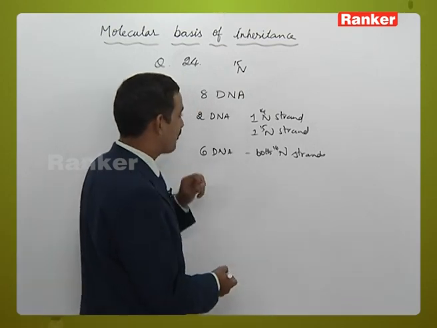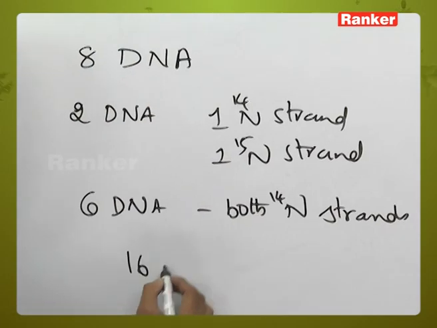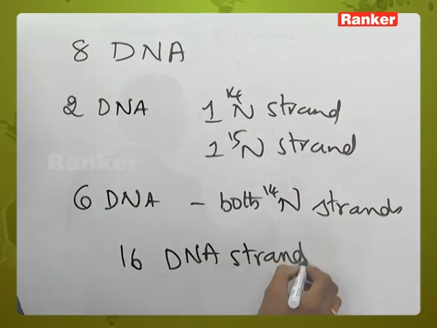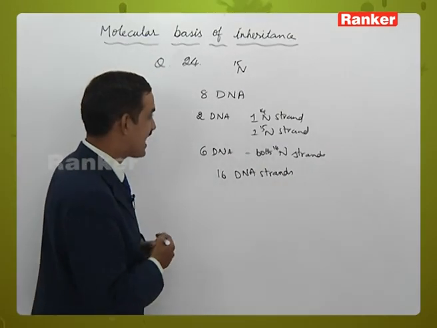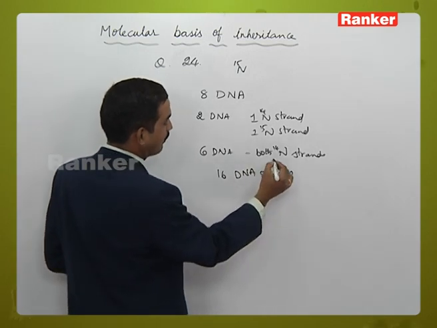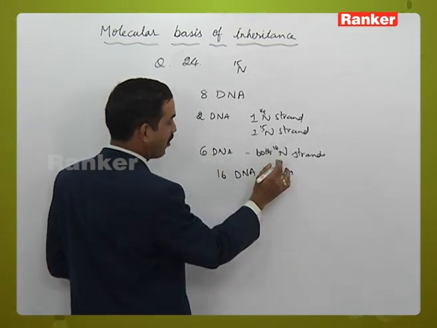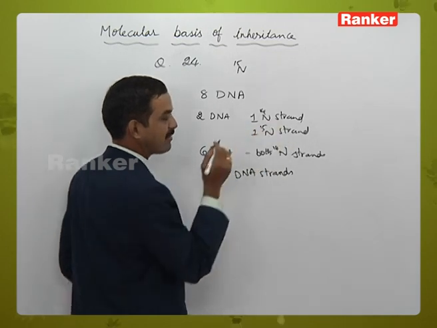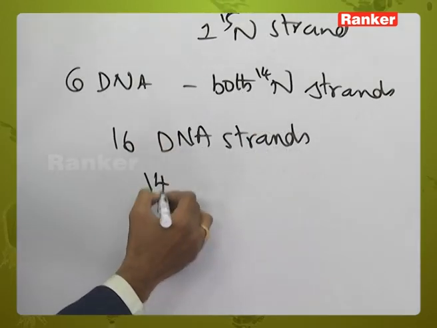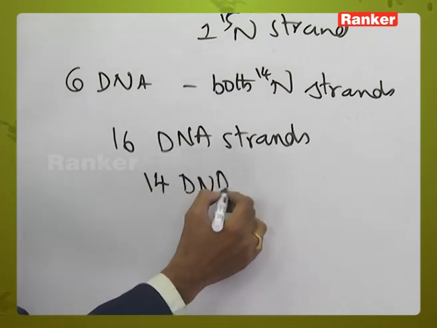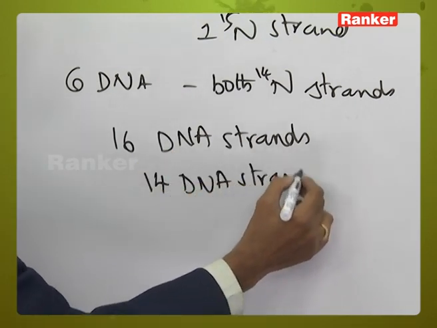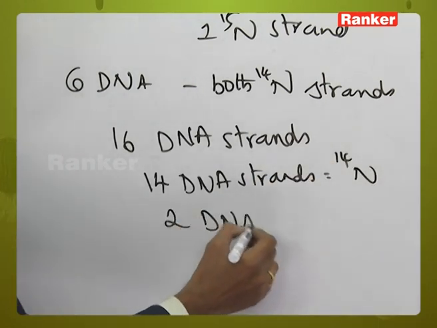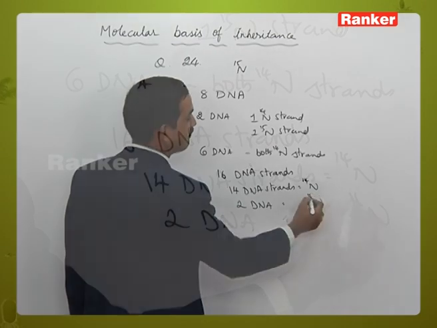Here the total number of DNA strands that we got is 16 DNA strands, out of which 6 DNAs are with both N14, that is 12 strands, and the 2 DNAs with one of them with N14. So total 14 DNA strands are with N14. The remaining 2 DNA strands are with N15.